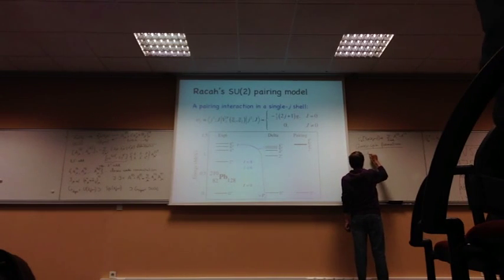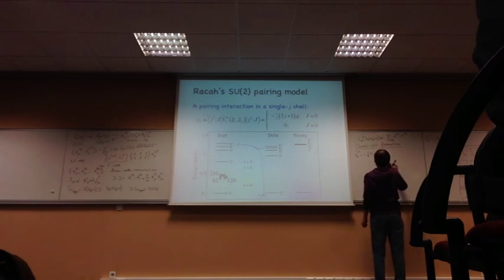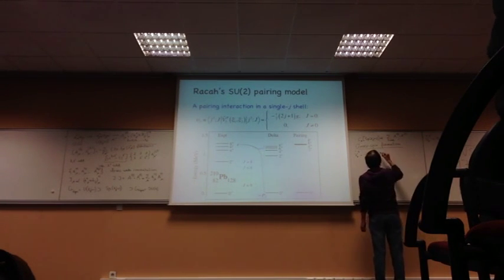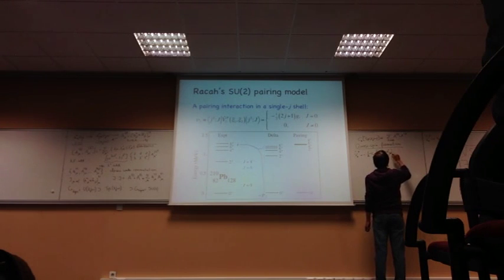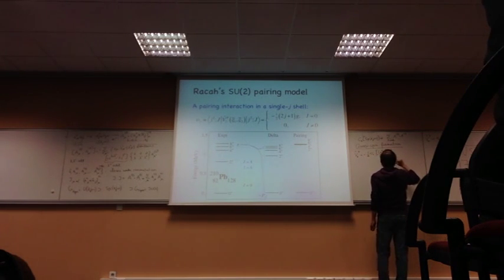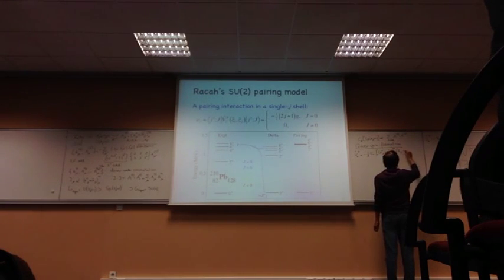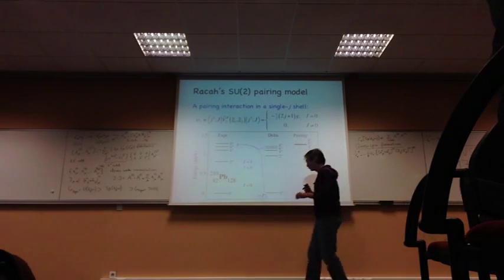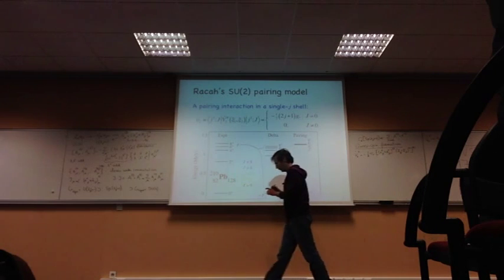If I'm not mistaken, there's no 2J plus 1 here. I just take one component of it. Let's see, this is minus. Let me check.